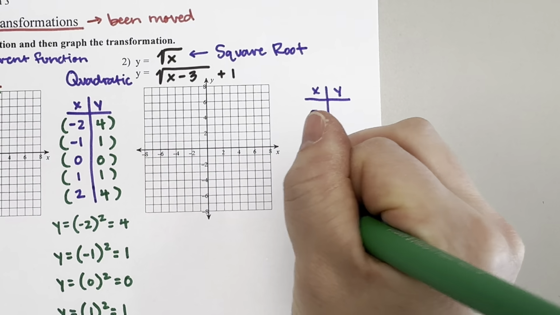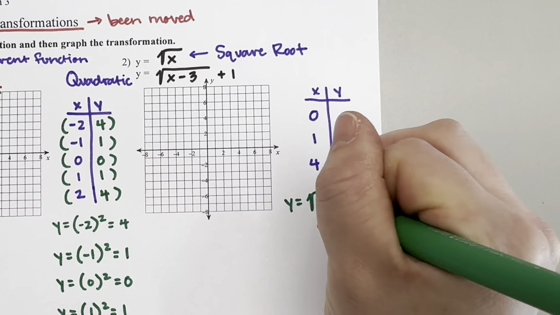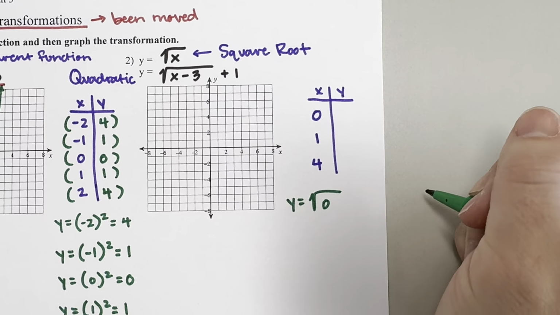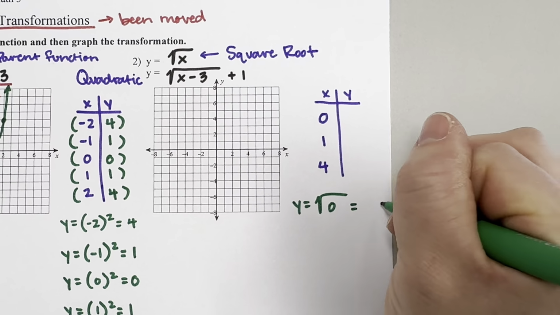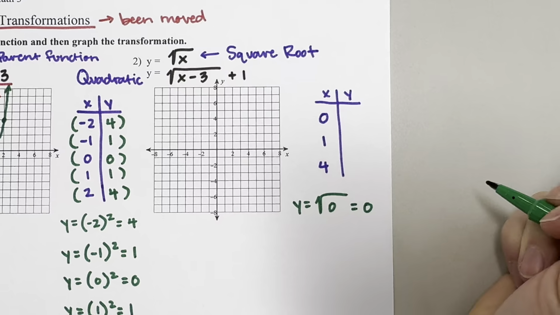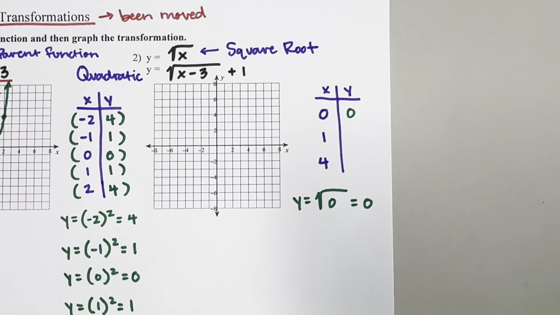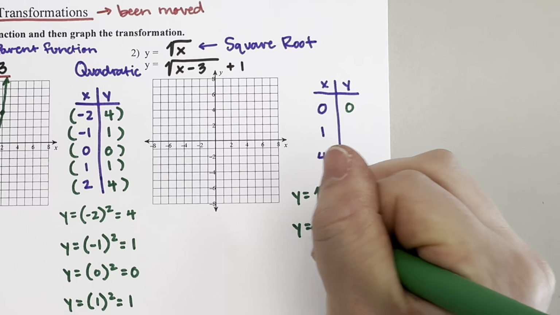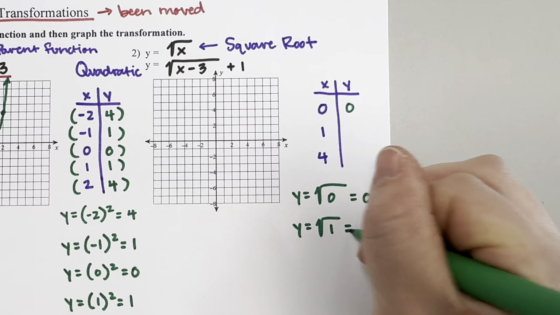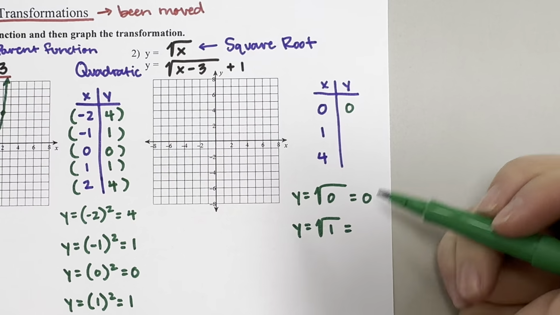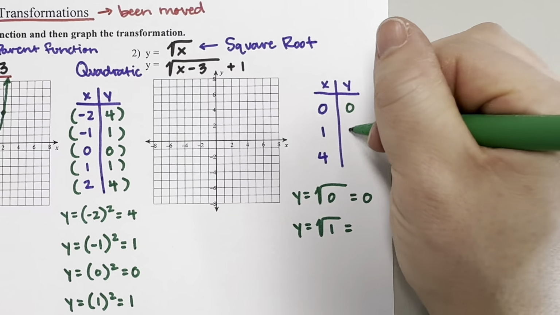So y equals, it was the square root of x, now it's the square root of 0, because I'm plugging in 0 for x. The square root of 0 is 0. Okay, now my next one, y equals the square root of 1. I'm plugging in 1 for x. Well, the square root of 1 is 1.